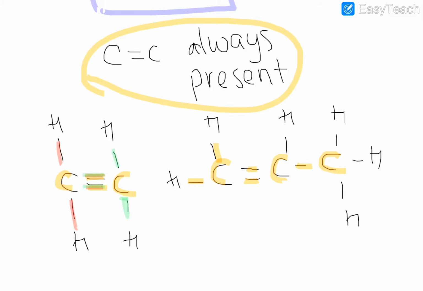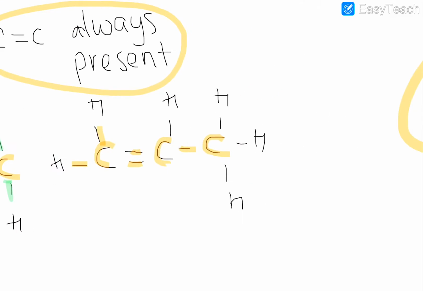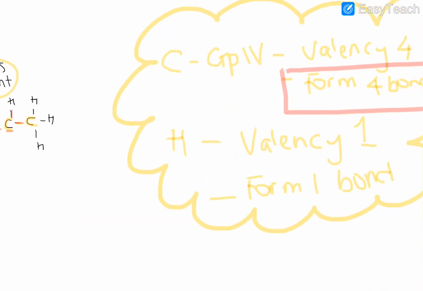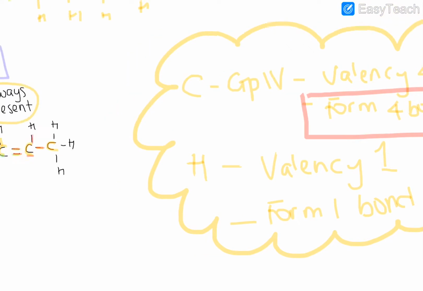If I look at this one, 1, 2, 3, 4. And this carbon now, 1, 2, 3, 4. So you see each carbon is forming 4 bonds and the hydrogen is forming a single bond. Okay, you have to keep this in mind when you're drawing displayed formulae.